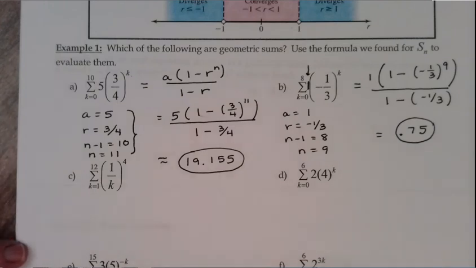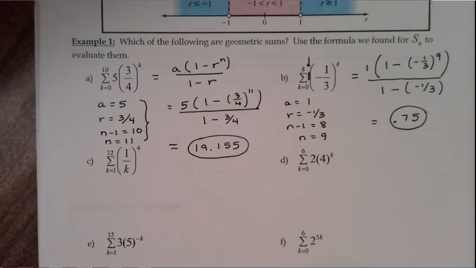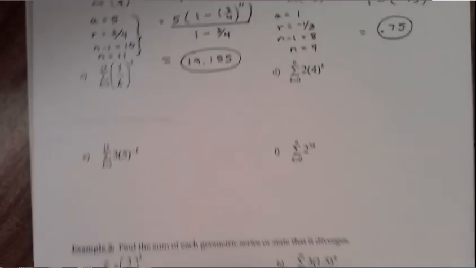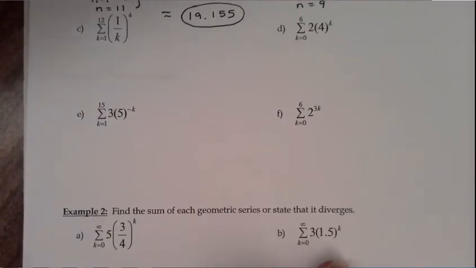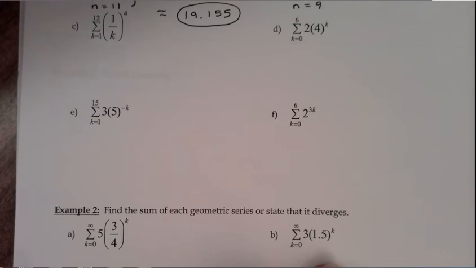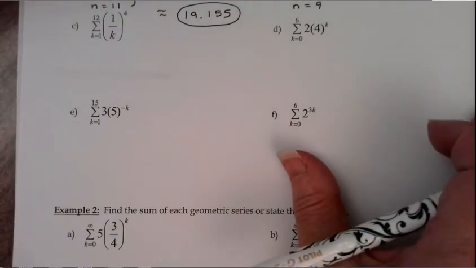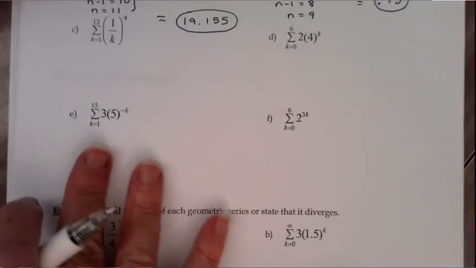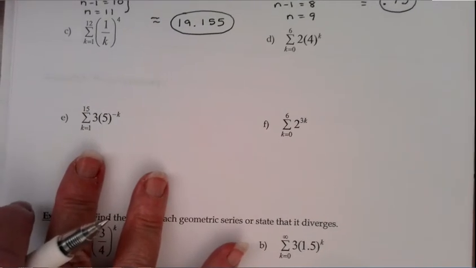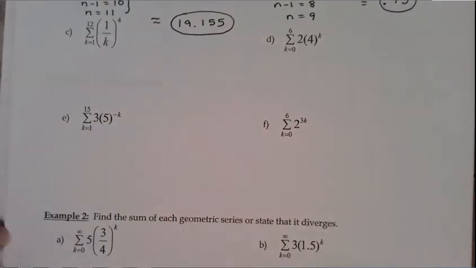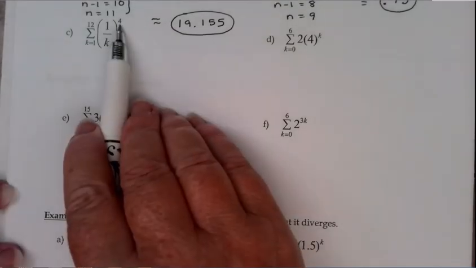All right, let's take a look at a couple of other things that can happen. The next problem, part C here. Be careful with this one. This one's not geometric. If you'll notice, in a geometric series, the exponent has to be the variable k.